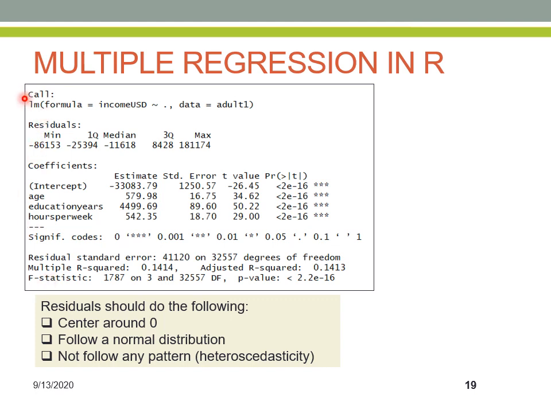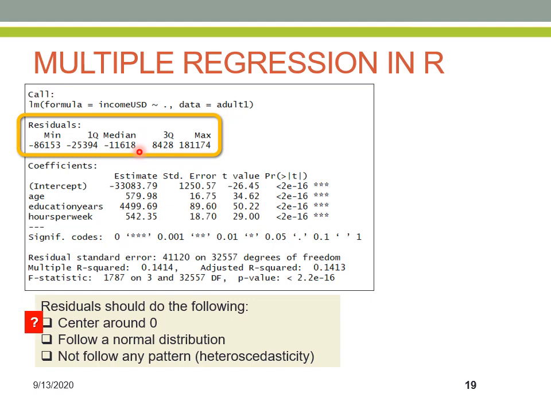Our regression output starts with the function call here. We see we have a linear model, and the formula is income USD is being mapped on dot, which is all the data in the data frame, and the data frame that we're looking at is the adult1 data frame. So, residuals. Typically, we want our residuals to center around 0. Do they center around 0 here?